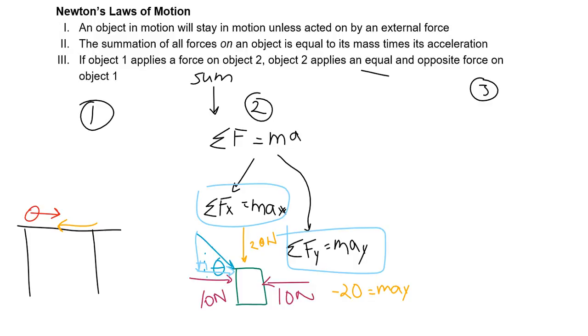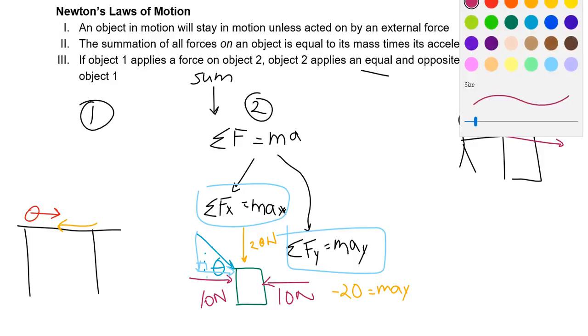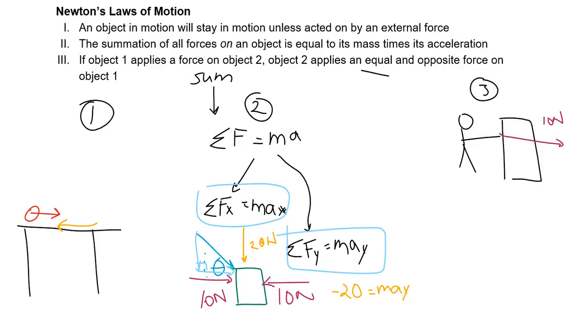For this example, if we have a box and a person, say the person pushes on the box with 10 newtons. This would be the diagram for the box. The only external force on the box is 10 newtons to the right.